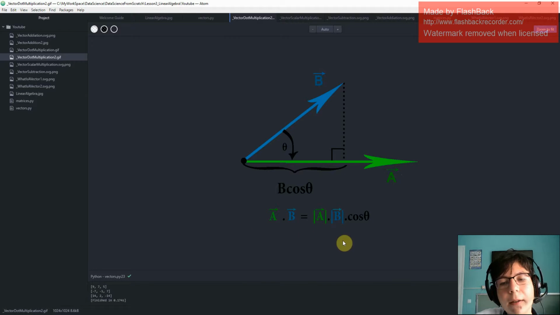And here is an alternative formula for the dot product, which would be the magnitude of the first vector times the magnitude of the second vector times cosine of the angle between the vectors, because the length of the projection of B over A is basically the magnitude of B times the cosine of the angle. This is basic trigonometry, so this is the geometrical representation of the dot product.